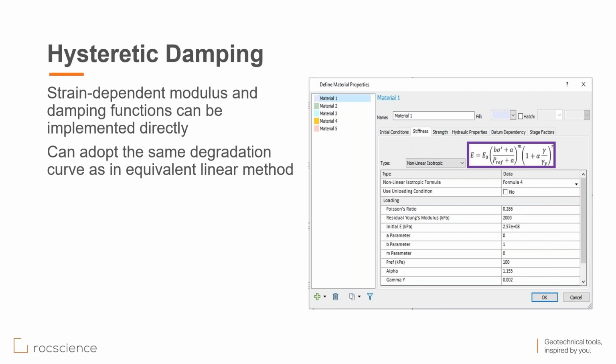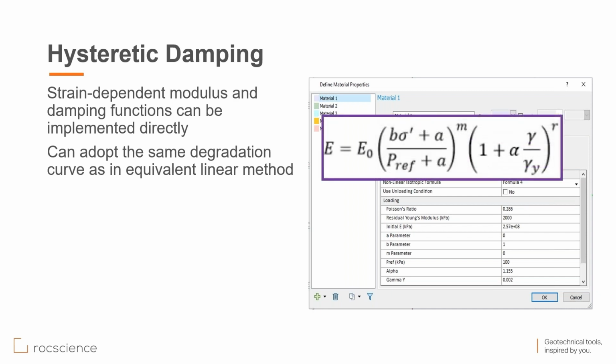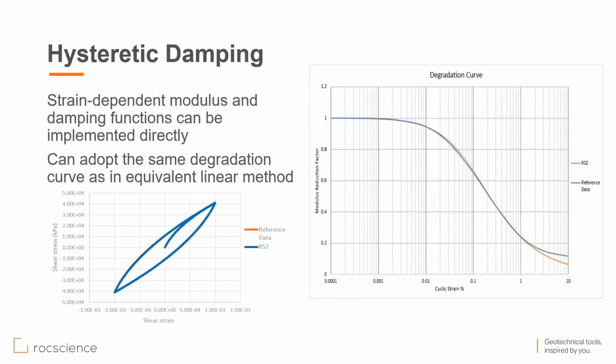And that's why I mentioned at the beginning of the webinar that you can also do the equivalent linear method in our program by matching this degradation curve with our material properties. For example, if I use this formulation, I can match very well with the degradation curve from the equivalent linear programs, and I can also match very well with the cyclic response of the stress and strains.